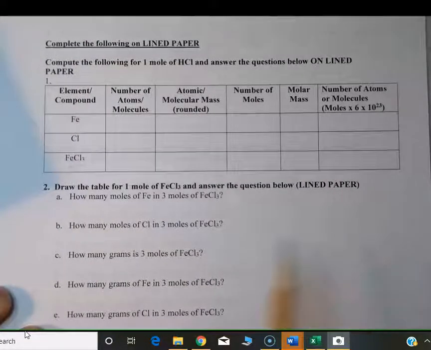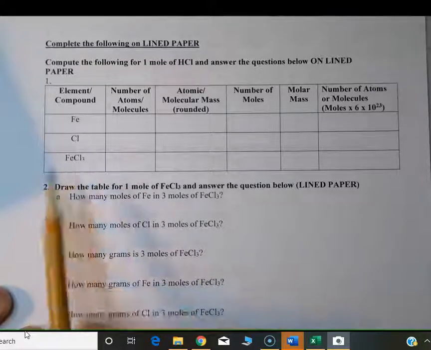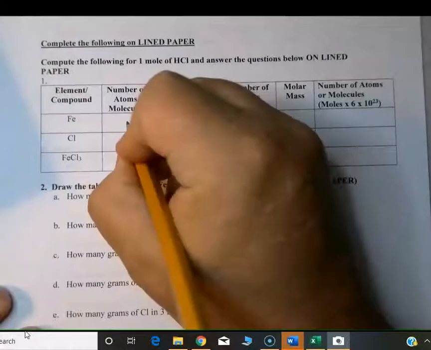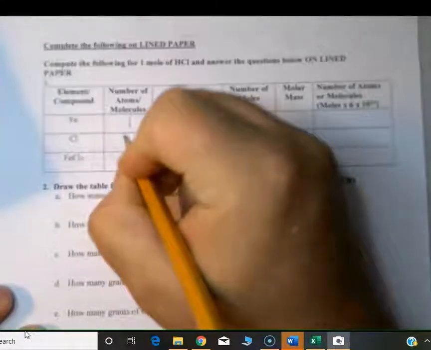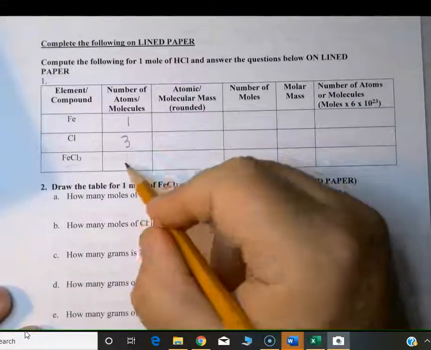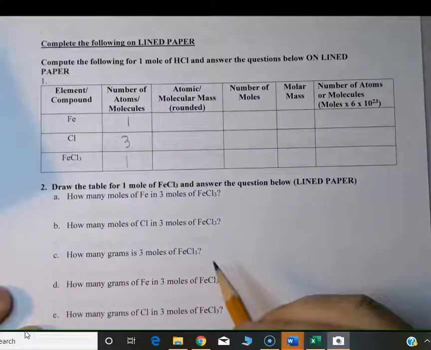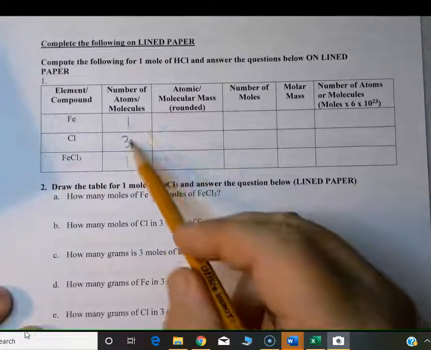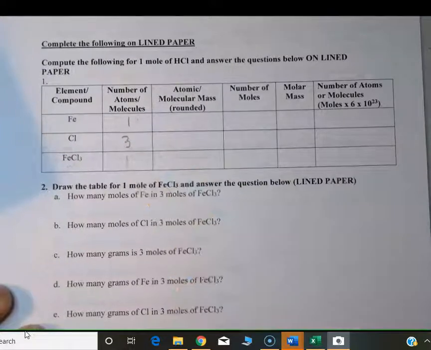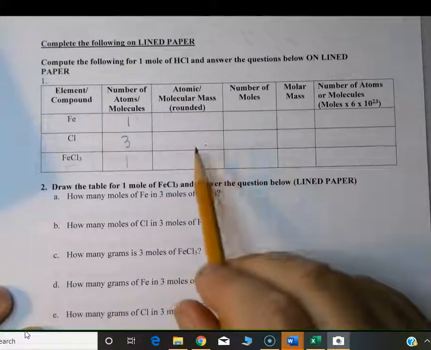So the number of atoms of iron, we have 1 because there's no subscript. That means there is 1. Chlorine has 3. And this 1 plus this 3 produces 1 of these. If you want to make a tricycle, you need 1 seat and 3 wheels to get 1 tricycle. Okay. All right, the atomic or molar mass.